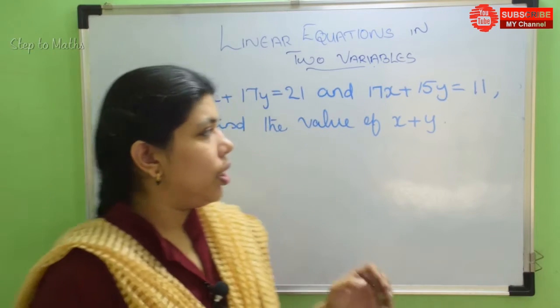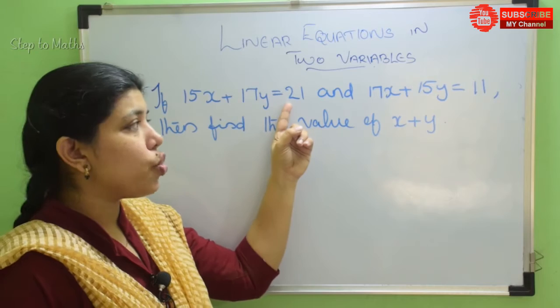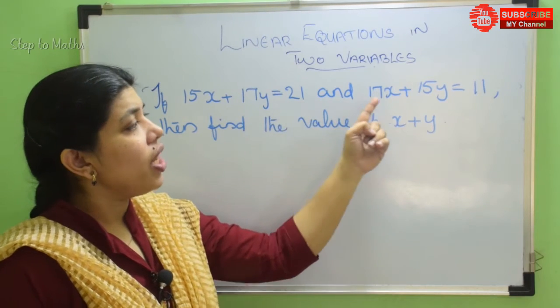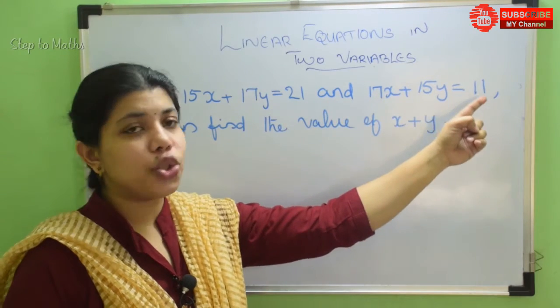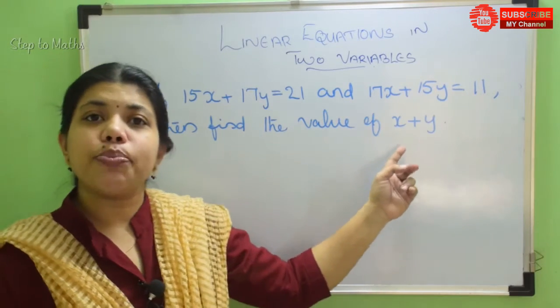The next question. If 15x plus 17y is equal to 21 and 17x plus 15y is equal to 11, then find the value of x plus y.